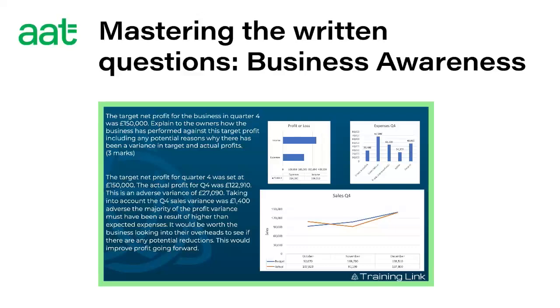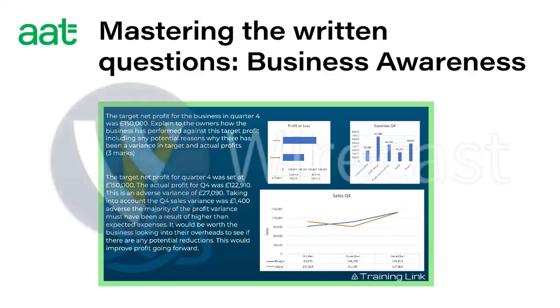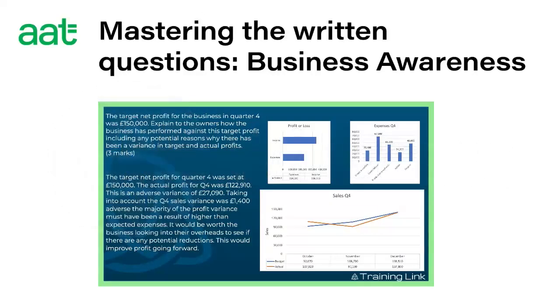We've just spoke about the sales variances, that overall they were £1,400. Therefore, we know that if we have an adverse variance of profit of 27,090, but our sales variances were only 1,400 adverse, then the majority must be related to higher expenses than expected.